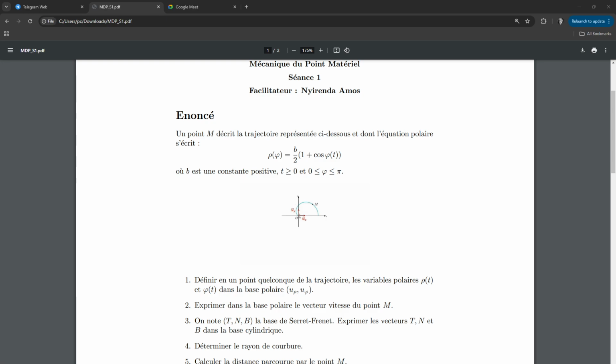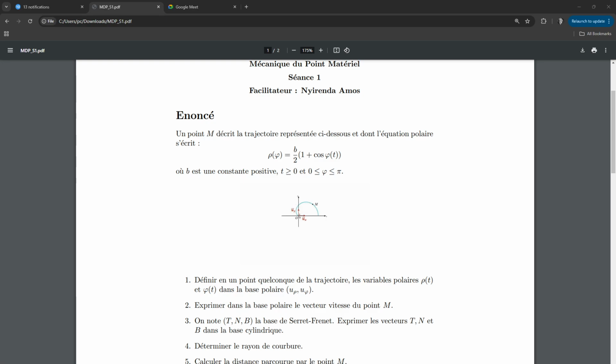Now, what is the expression for v? The expression for v is this one. Between t1 and t2, it is b cosine phi divided by 2, and of course here I've forgotten to write the phi point.